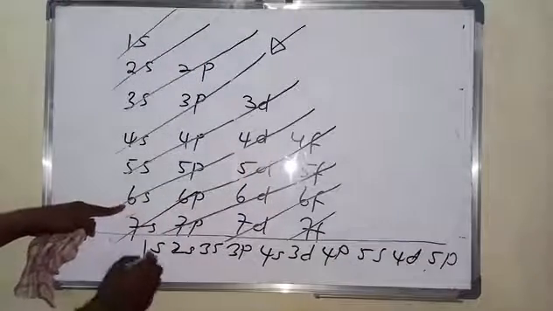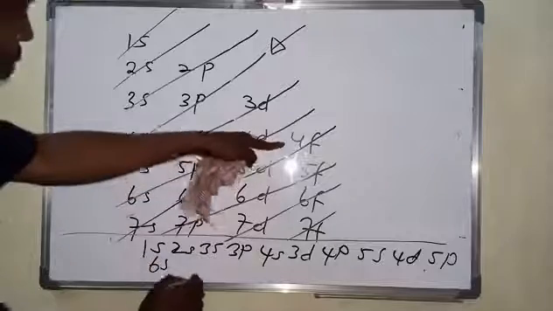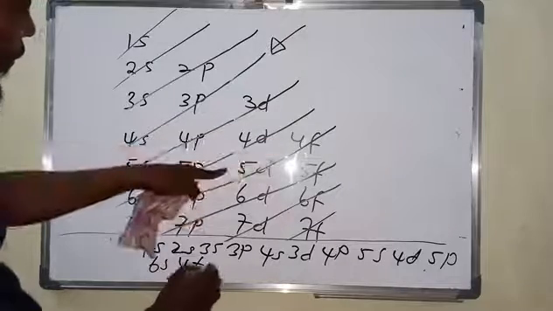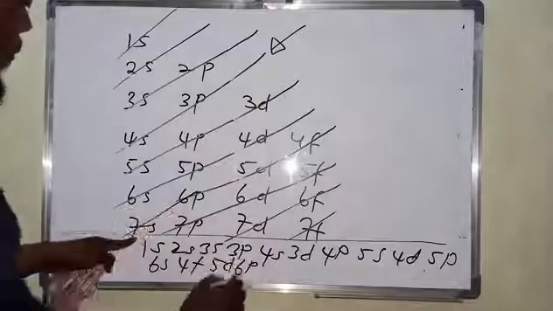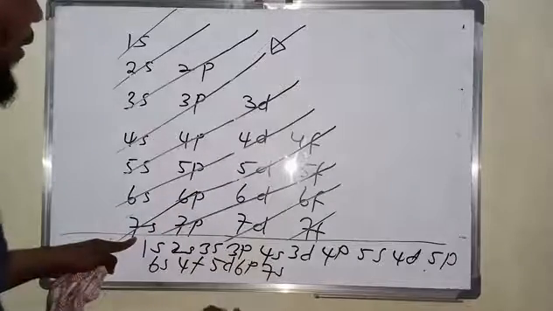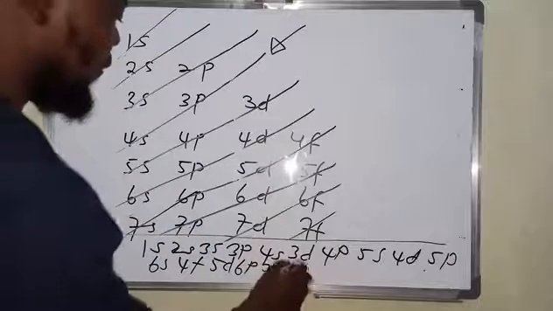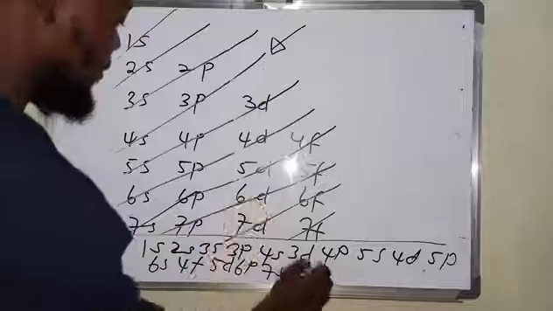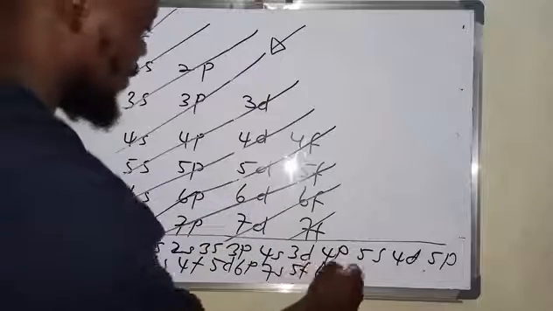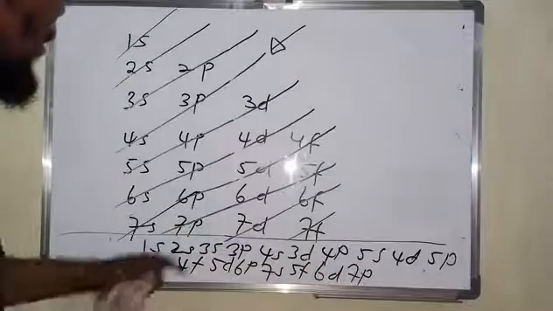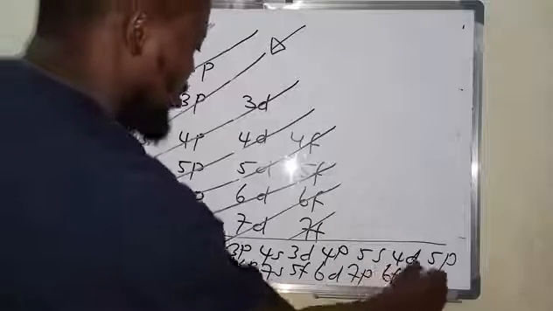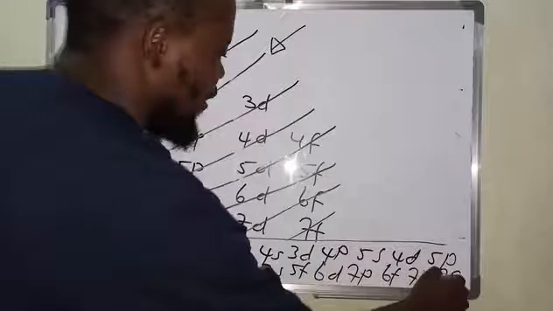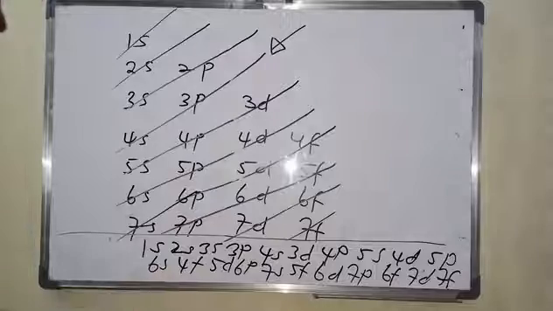The next will be 6s, then 4F, 5D, 6P, 7S, then 5F, 6D, 7P, then 6F, 7D, then finally 7F. So this is the arrangement.